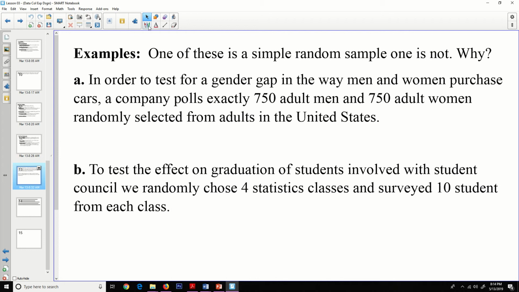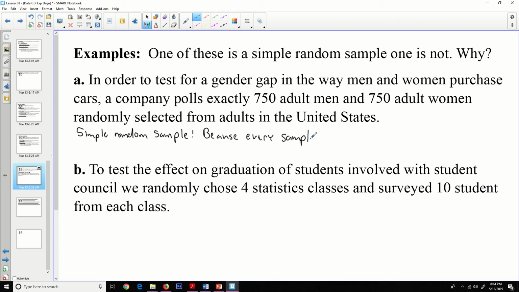So this is a simple random sample because every sampling group of 750 adults has the same chance of being chosen.